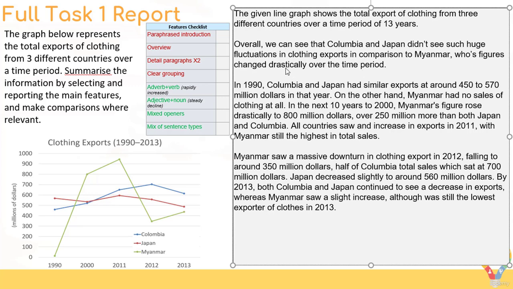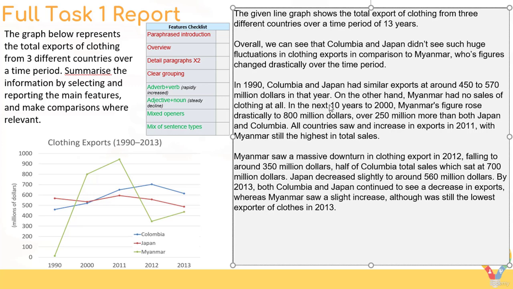So I've got some interesting vocabulary here to describe the trends in the visual information. In 1990, Colombia and Japan had similar exports at around $450 to $570 million in that year. So I'm comparing these two countries and saying it's quite similar. There is some difference. On the other hand, Myanmar had no sales of clothing at all.